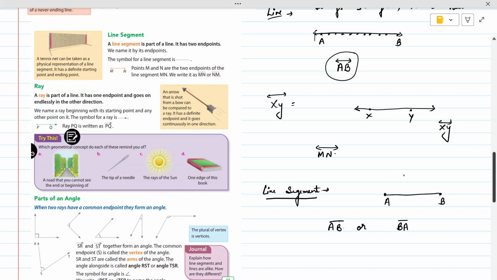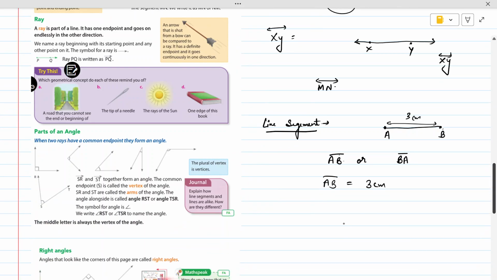Also understand that since the starting and the end point are fixed, the length of the line segment is always fixed. So let's say I'm taking this line segment and the length is 3 centimeter. If I ask what is the length of AB, the answer will be 3 centimeter. And if I ask what is the length of BA, then also it will be 3 centimeter.